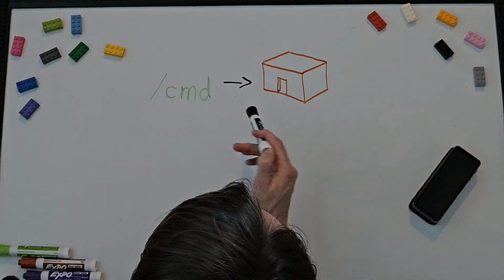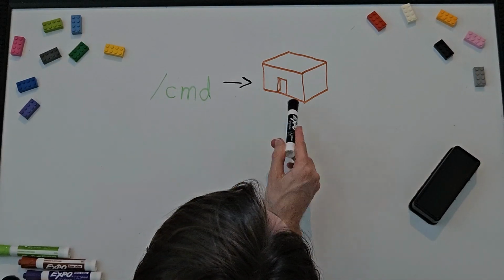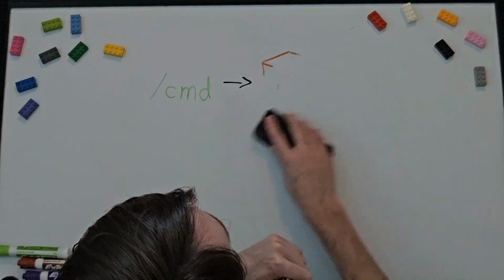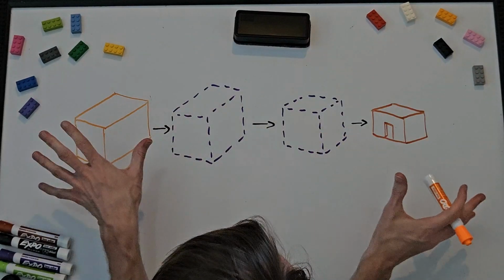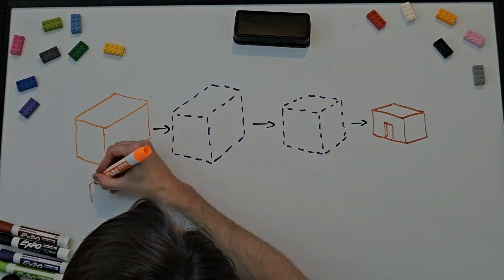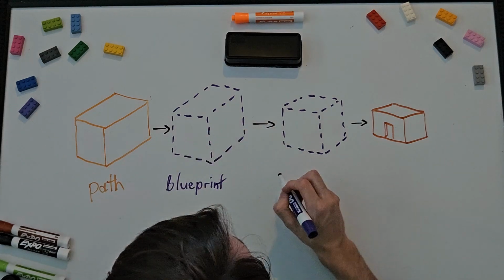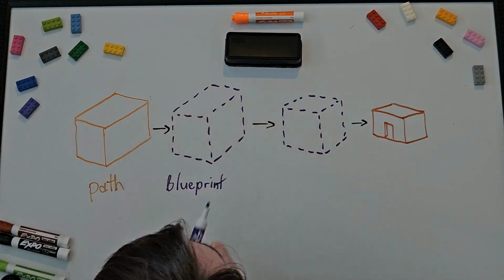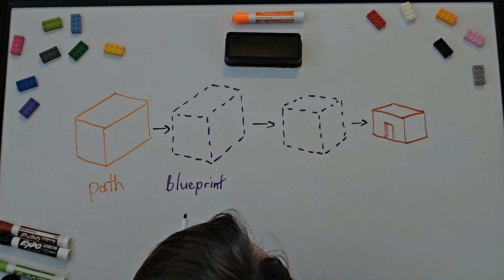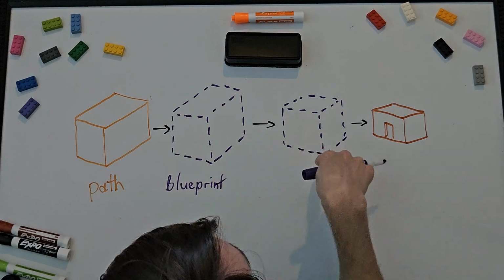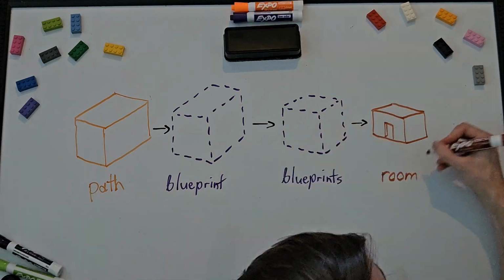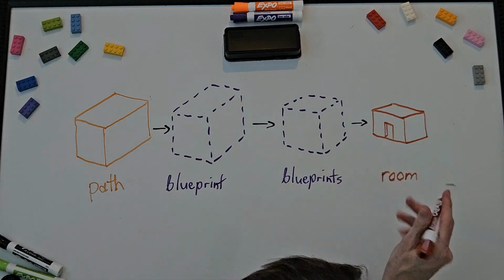Okay, so what we've managed to do so far is run a command that generates a room, but what we'll need is this. We start with a path structure that generates a blueprint that is the same size as the path structure, and this blueprint will generate smaller blueprints down until it is the size of a single room.